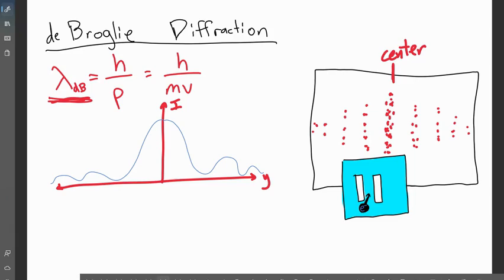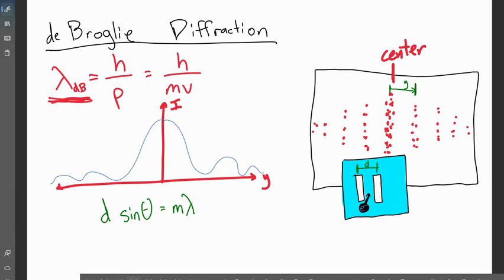Okay. Now remember, this follows the same diffraction. It's just diffraction with electrons, but we get the same equation out of it. This distance there, that's y. Our slit distance, that's d, the distance between the slits.